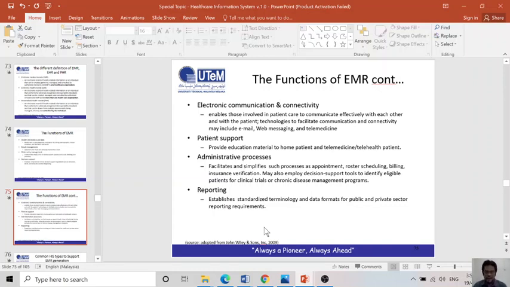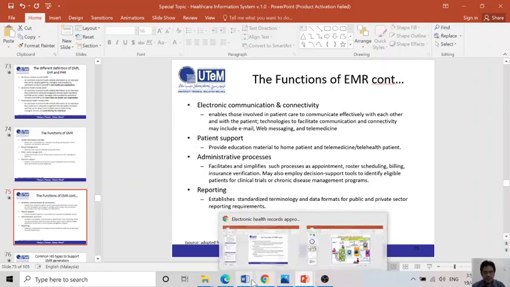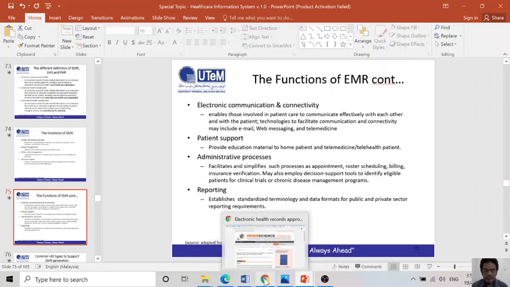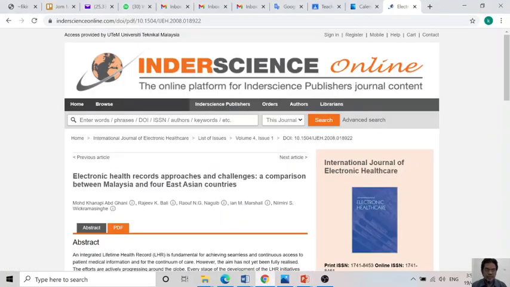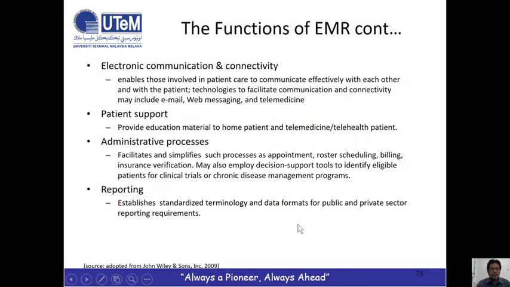Like the one I showed you just now, you can share a journal or article regarding a problem, for example, so the doctor can forward the information to the patient.